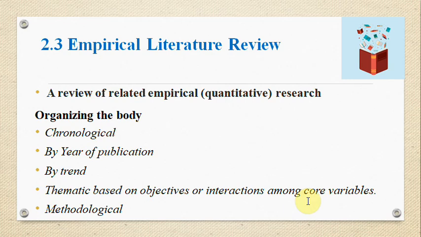Otherwise, you can look at work that has been done between the year 2000 and 2024. Even the current year you are writing, people have been publishing in that area. So you can arrange them based on, okay, this is the oldest, the next one, the next one. So somebody can be seeing the work coming the way, as it is. Alternatively, you can arrange your work based on trend.